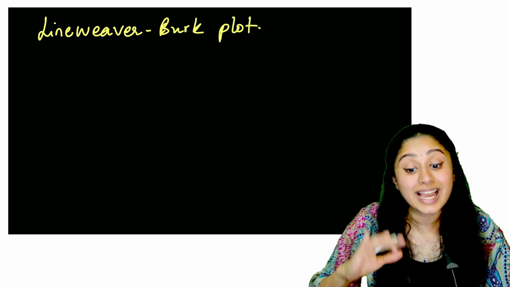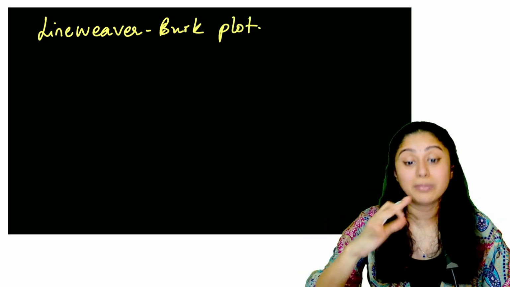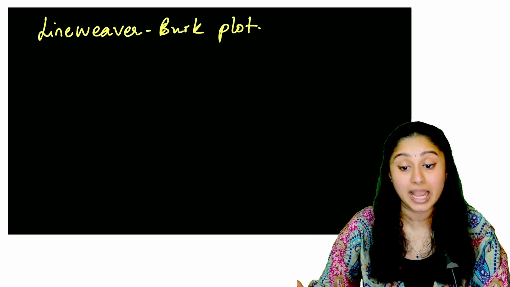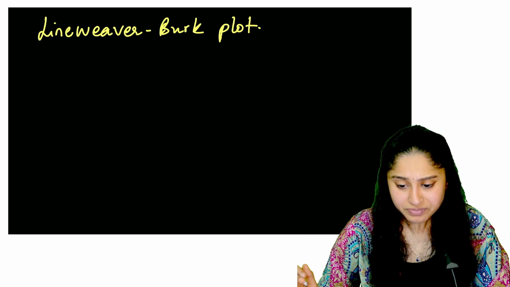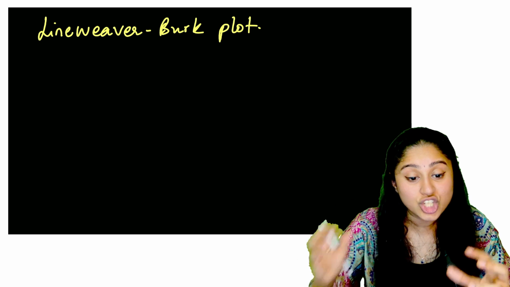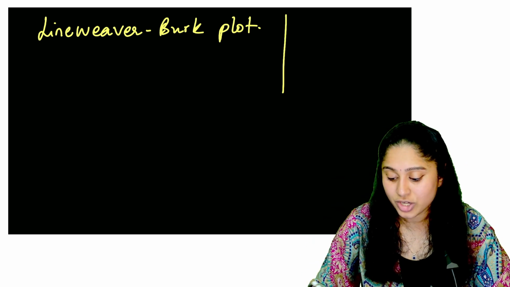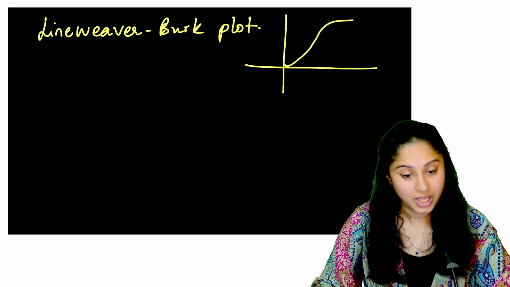Now this Lineweaver-Burk plot is actually a double reciprocal for kinetic analysis. So what am I saying here? I am going to change the Michaelis-Menten equation. The Michaelis-Menten equation is for the curve, correct?